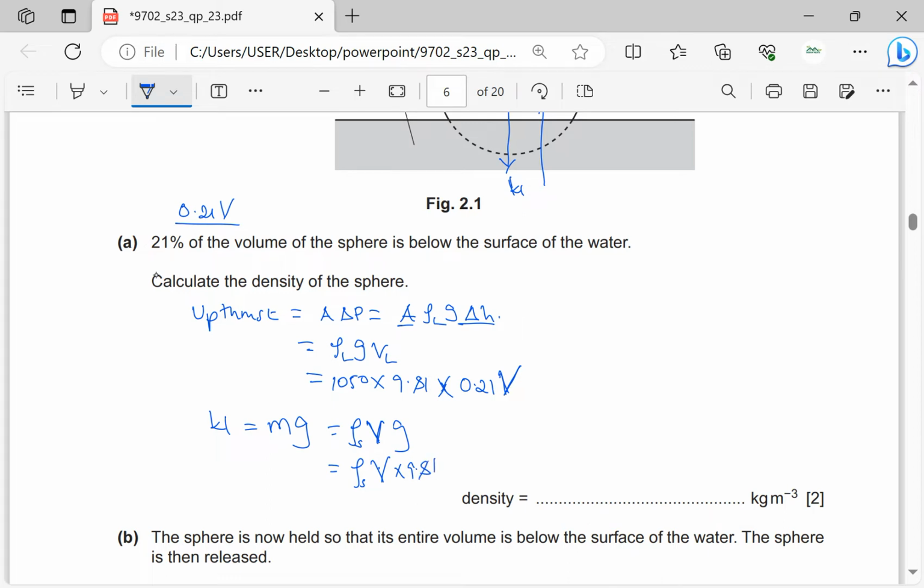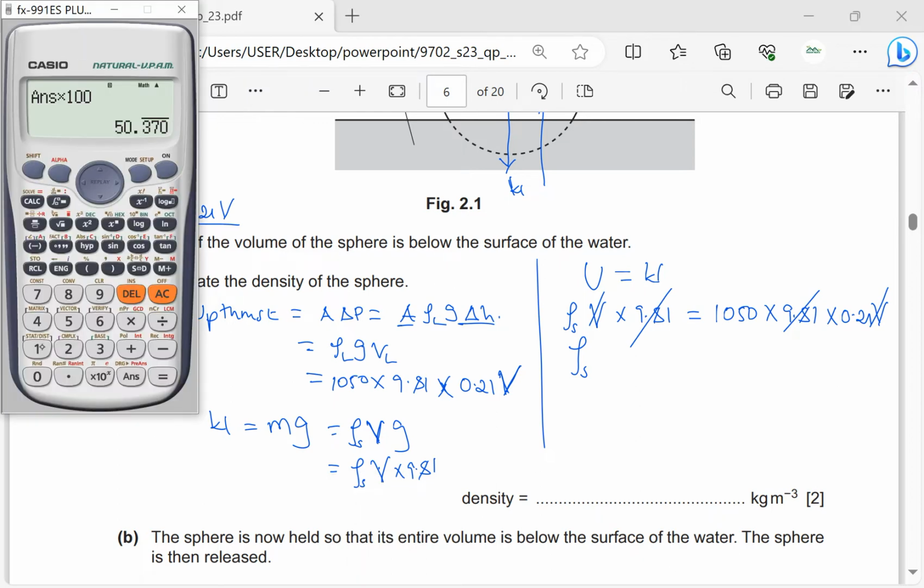So I'm just going to combine these two equations. For equilibrium, the upthrust is equal to the weight. So it means density of the sphere times the volume of the sphere times 9.81 should be equal to the density 1050 times 9.81 times 0.21 times V. So V cancels out and I get the density of the sphere. 9.81 also cancels out.